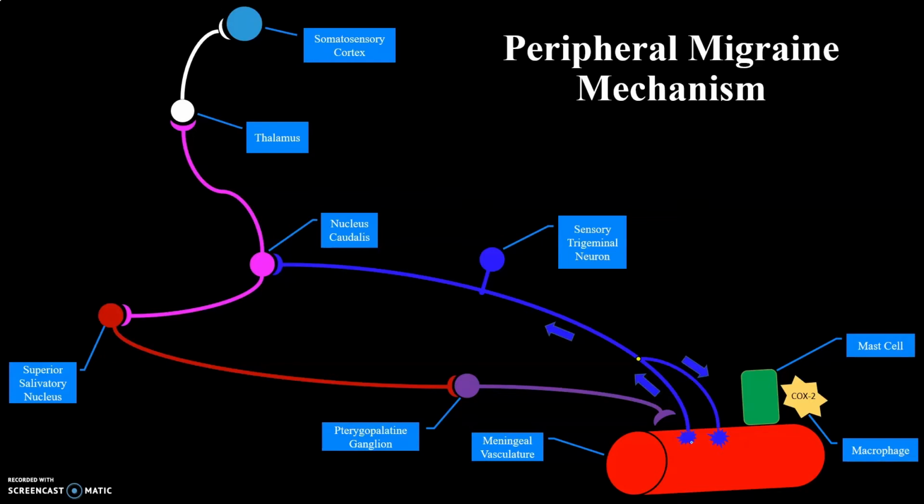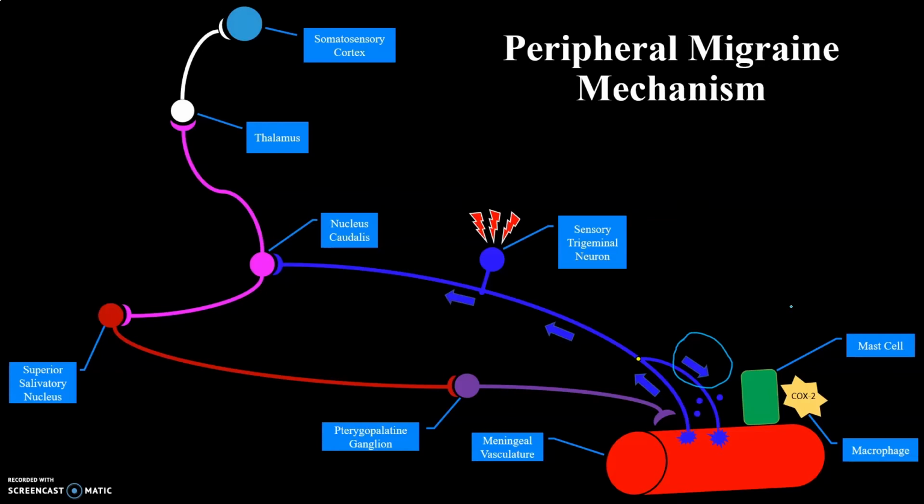Something that's interesting with the sensory C fibers of these trigeminal sensory neurons is that they will actually then trigger antidromic cell signaling. So this second arrow over here is an action potential going the opposite way that you would expect, back towards the original organ or tissue that is innervated.